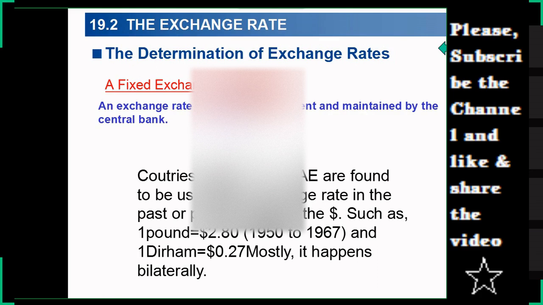Sorry, stipulated rate, not range. So if it is about a range, then it is managed float. If it is about an absolutely fixed price, then it is a fixed exchange rate system. Okay, now such exchange rate systems are being practiced and were practiced in the past.